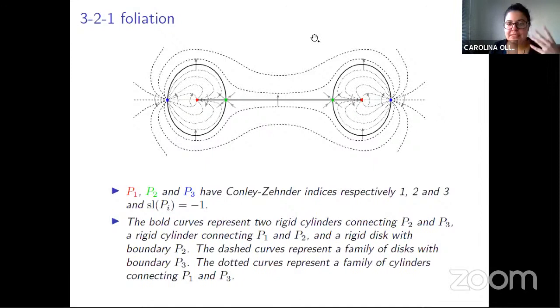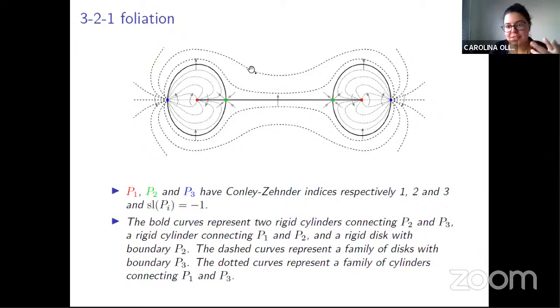Again, you should see this picture as a transverse section of S3, and you can see this as a decomposition of S3 into two solid tori. So here we have a torus formed by two cylinders, here and here.